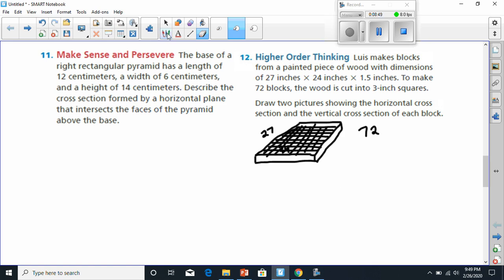So I guess they're wanting these correct terminologies here. The vertical, which is the up and down, is going to still be 1.5, because we didn't cut that. That'd be 1.5, but it will be 3 long.